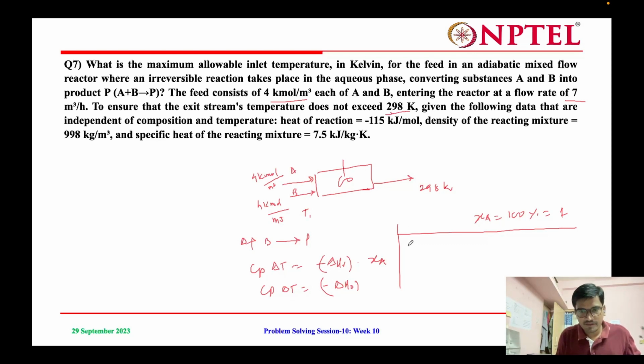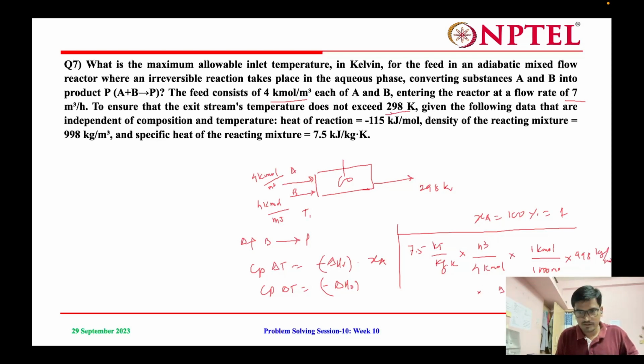Now Cp is given as 7.5 kilojoule per kg per Kelvin, into the concentration of 4 kilomole per meter cube, where 1 kilomole is 1000 mole, and the density is 998 kg per meter cube.